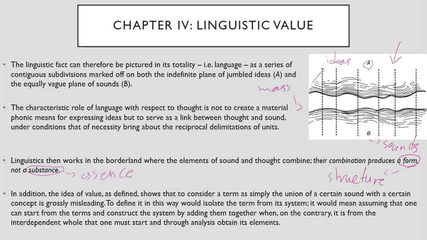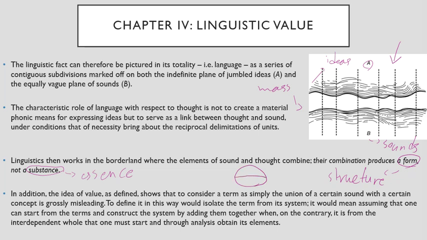And an important quotation here I have in regard to value. Let's read it together. It says, "In addition, the idea of value as defined shows that to consider a term as simply the unit of a certain sound with a certain concept is grossly misleading." So this is very illuminating. So just to think that a term, for example, let me find the space to have a diagram.